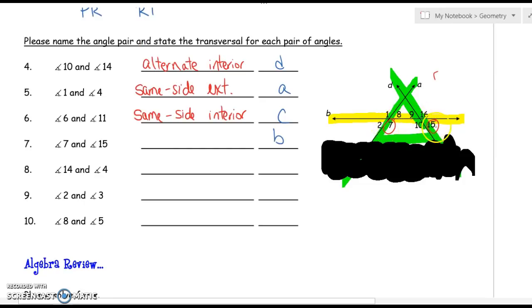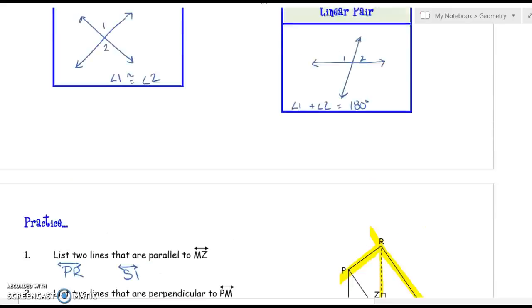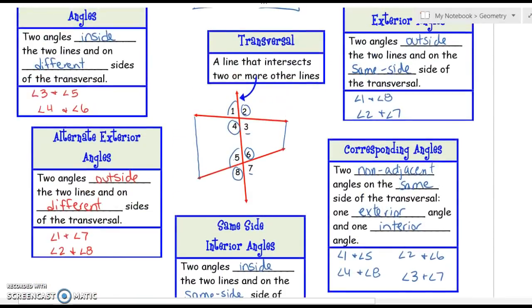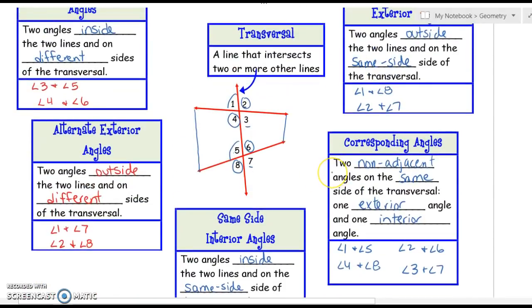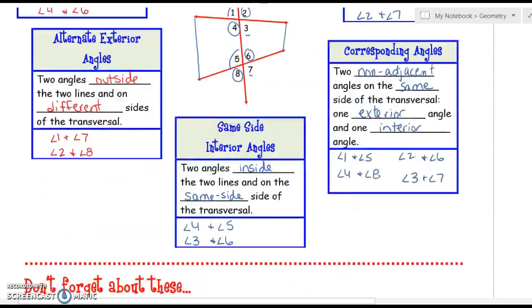So one's interior, one's exterior. The only type of angle that we learned about that has one interior and one exterior is corresponding. Corresponding angles, remember, one's interior, one's exterior. They're not next to each other, and they're on the same side of the transversal.